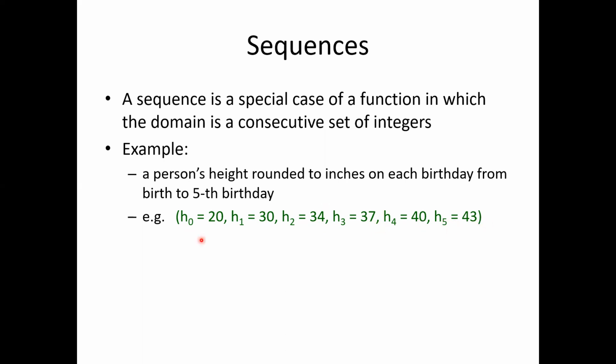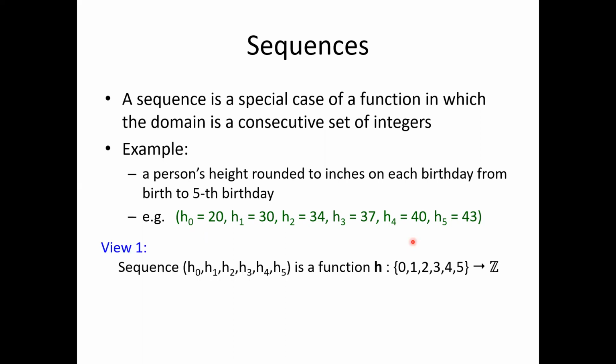These are the first 6 years of height measurement of some human. You can view this as a function that assigns to consecutive integers 0, 1, 2, 3, 4, 5 integer values, the inches rounded up.